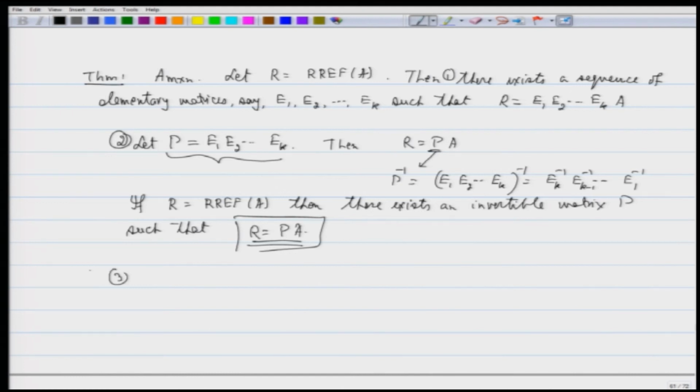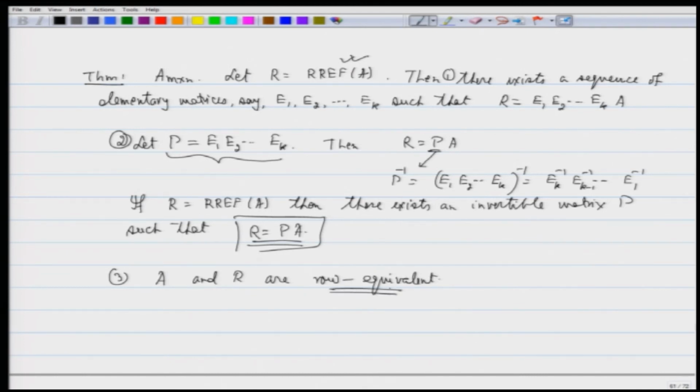This also tells me, as a third remark, that RREF is nothing but obtained through elementary matrices. So, the matrices A and R are row equivalent. What was the definition of row equivalent?